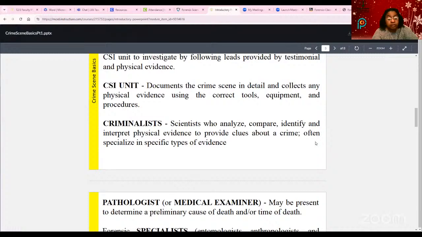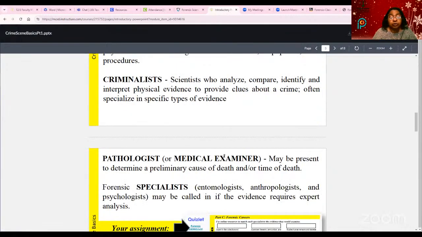We're going to come down all these other specialists, the pathologists or the medical examiner. We talked about how in your town you have a coroner, you don't have a medical examiner. So we talked about the fact that you actually send the bodies to Atlanta, and that's where your pathologist, the doctor, actually examines the body.